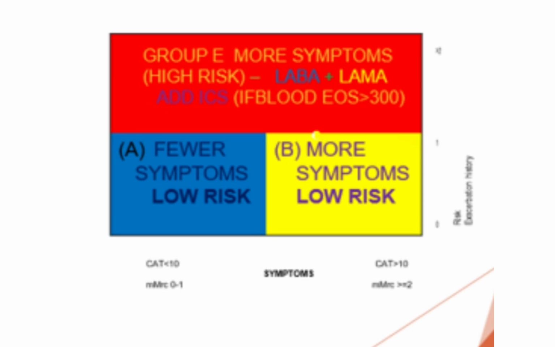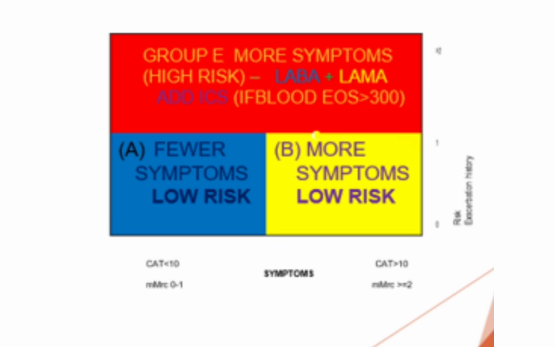Look at the first one. A, fewer symptoms, low risk, CAT is less than 10, mMRC 0 to 1, it's the same. Next one, B, more symptoms, CAT is greater than 10 and mMRC is greater than 2, more symptoms but less risk and less exacerbations or less hospitalization.